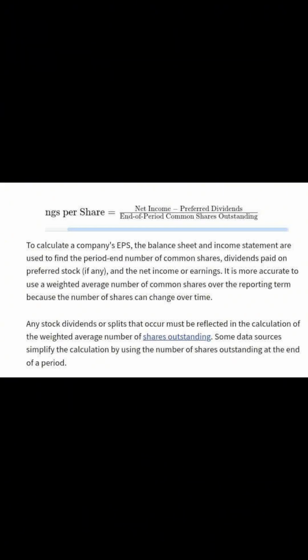Any stock dividend or split that occurs must be reflected in the calculation of the weighted average number of shares outstanding. Some data sources simplify the calculation by using the number of shares outstanding at the end of the period.